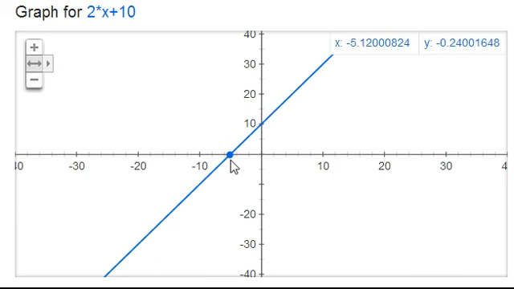If I say the y-intercept point, then we must include the ordered pair, which is 0, 10, and then this down here would be the x-intercept point, which is -5, 0. We're going to need to know how to find the y-intercept and the x-intercept.